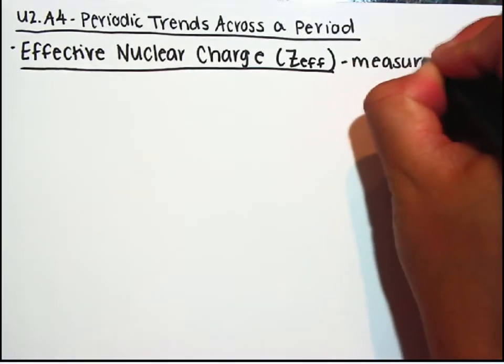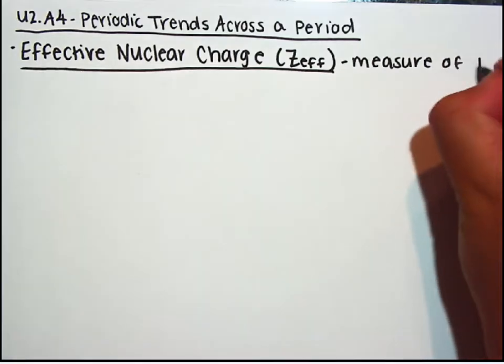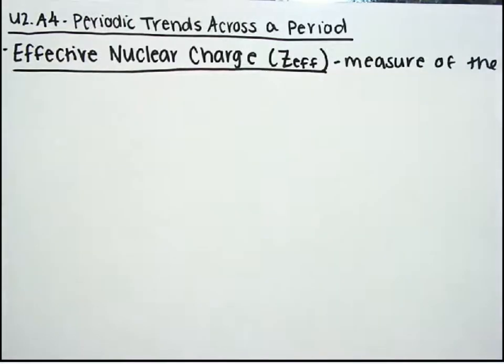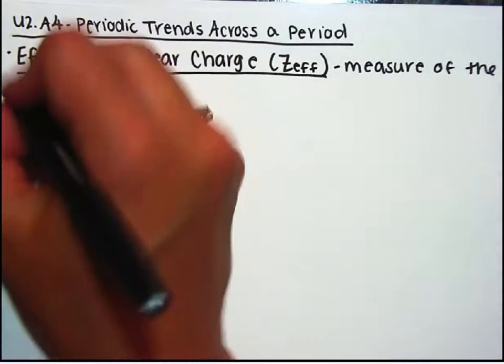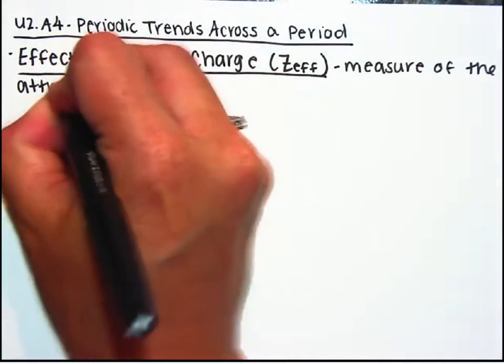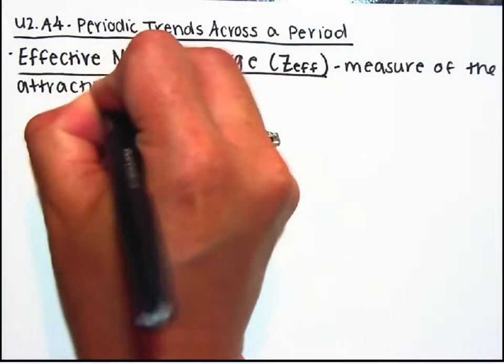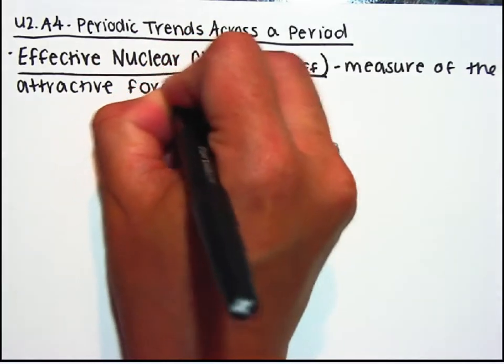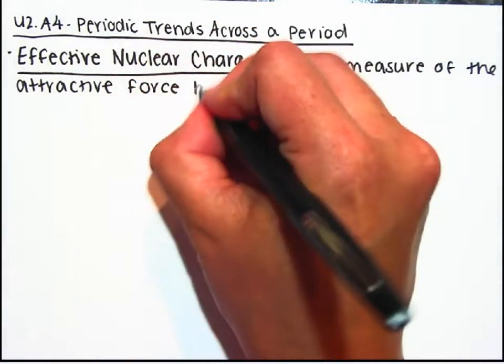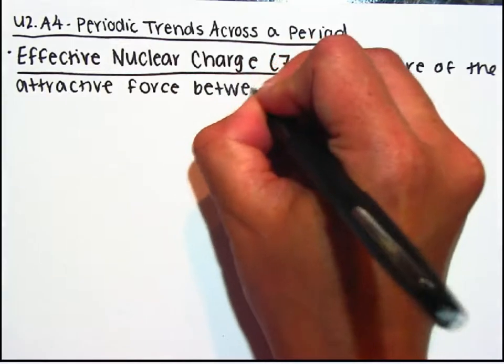ZEF is the measure of the attractive force between the nucleus and valence electrons.